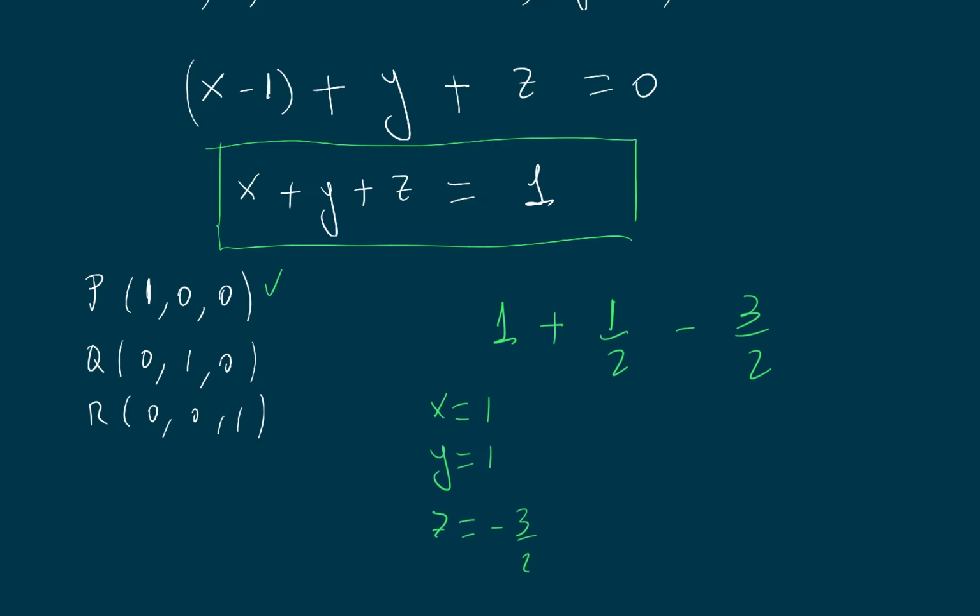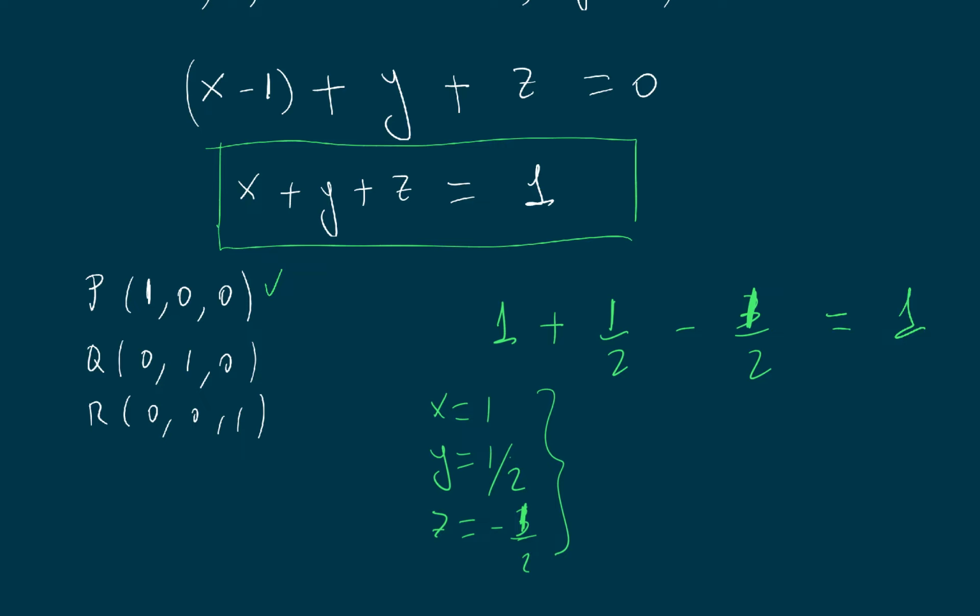Is it on the plane? No, because 1 plus 1 is 2, so z must be minus 1. Let's try the point 1, 1 half, minus 1 half. This is on the plane because the sum will be 1. This point is also on the plane because the sum will be 1.